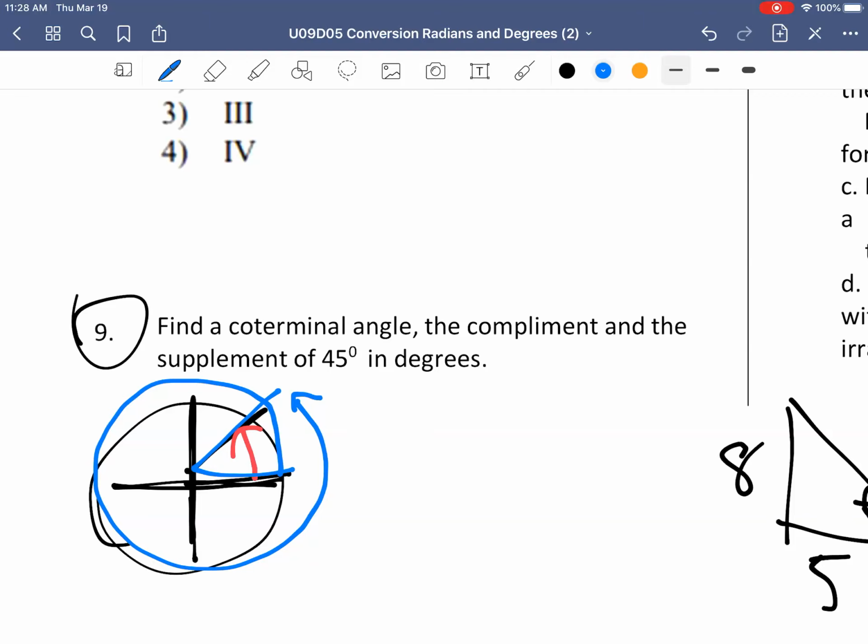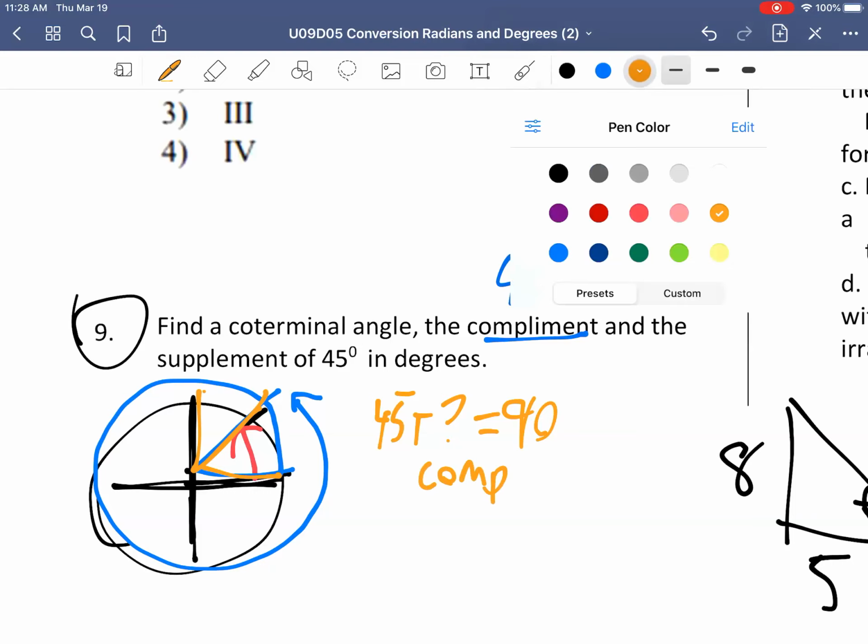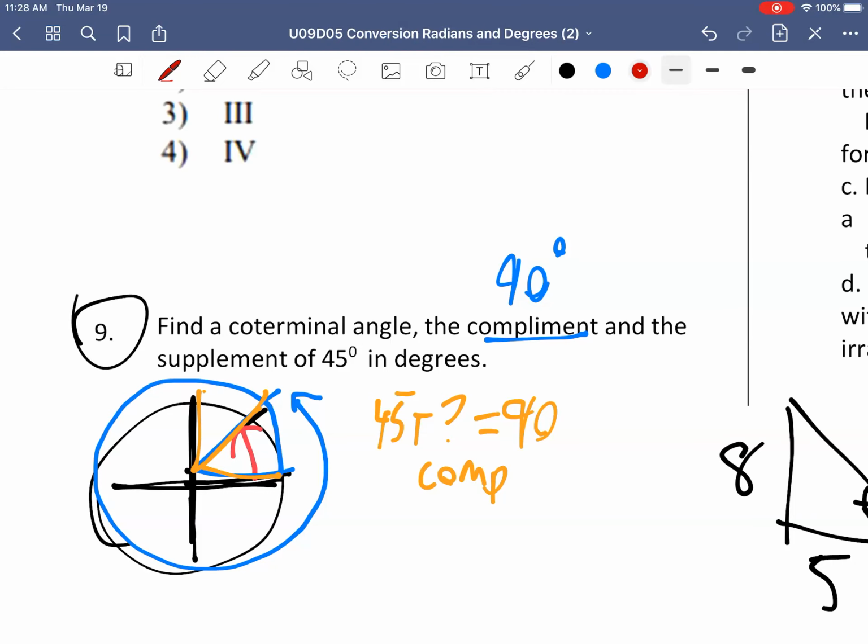A complement is to have this angle and try to make 90 degrees. So if this is 45 degrees, what is the angle that you would add here to complete 90 degrees? So 45 plus what equals 90? That's your complement. Similarly, supplements are angles that you would use to complete 180 degrees.